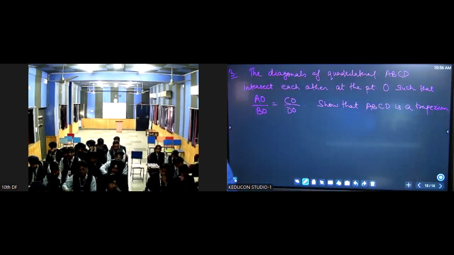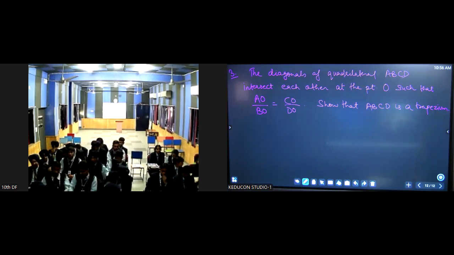The diagonals of the quadrilateral ABCD intersect each other at the point O, such that AO upon BO is equal to CO upon DO. Show that ABCD is a trapezium.